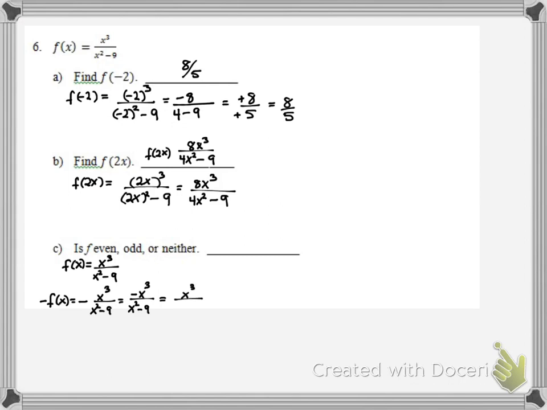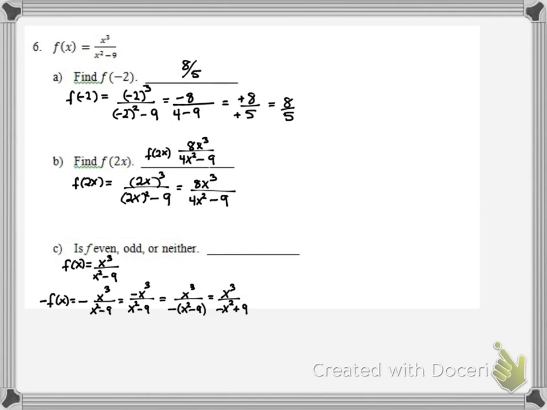Now if I'm going to put the negative on bottom, I could put it in front with parentheses, or I could choose to distribute it through and write it as negative x squared plus 9. So notice with a fraction, putting a negative or multiplying a function by -1 becomes a little bit more complicated.